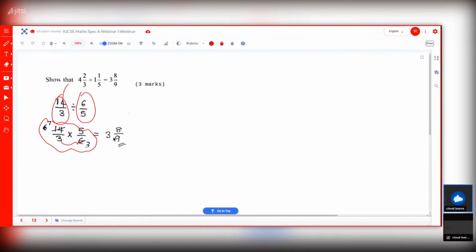You seem like you simplified, but definitely it seems like the calculator has come into play. There's no rational way or evidence as to how you got from here to here. So this is the missing step, which is either you do 35/9, and then you at least show this part over here.